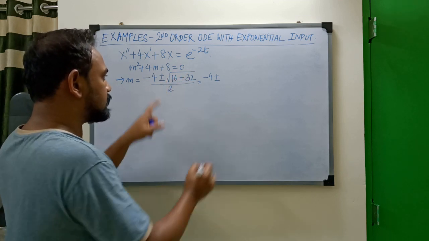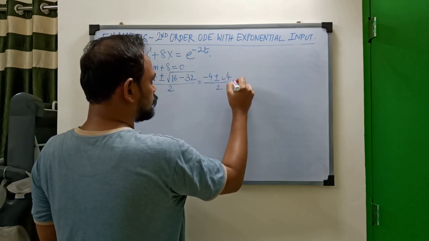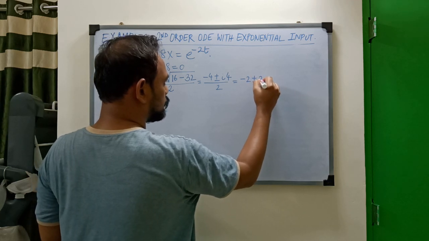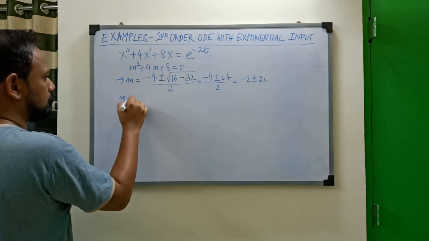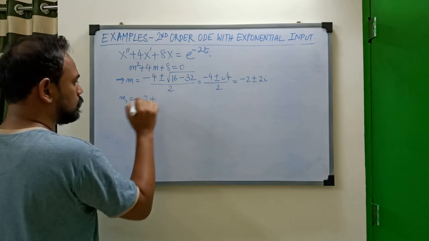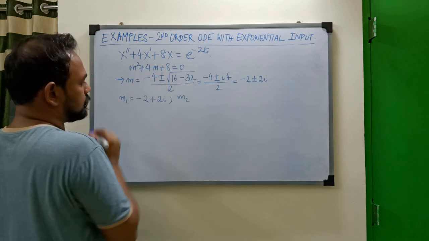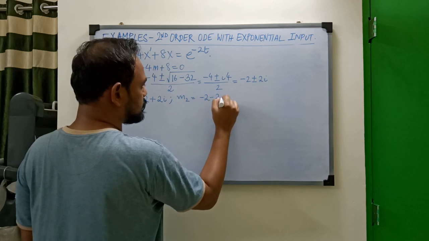So that comes out as 4i divided by 2. So basically you have minus 2 plus minus 2i. Let's say the first root is minus 2 plus 2i, and the second root is minus 2 minus 2i.